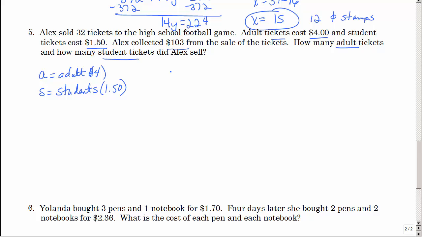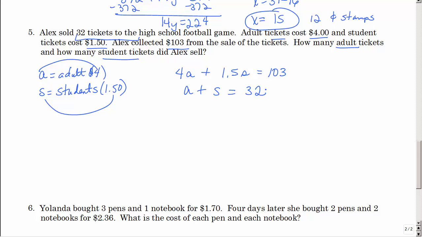So I'm going to multiply what they're worth times how many I have, what they're worth times how many I have, equals the total money. And yes, I'm using that $1.50. Then how many tickets did he sell? 32. So A plus S is 32.